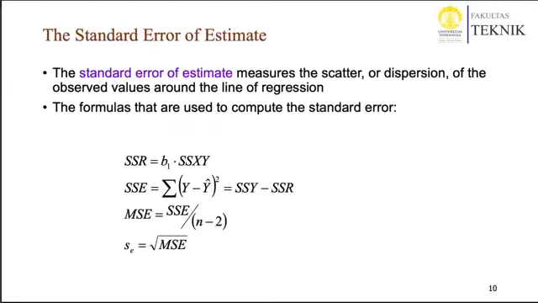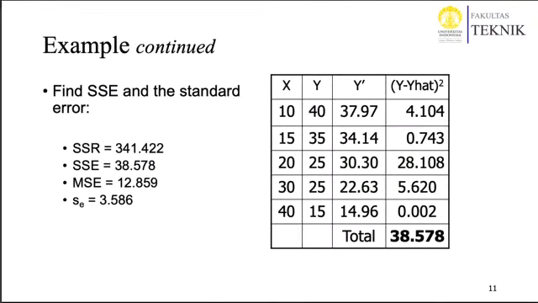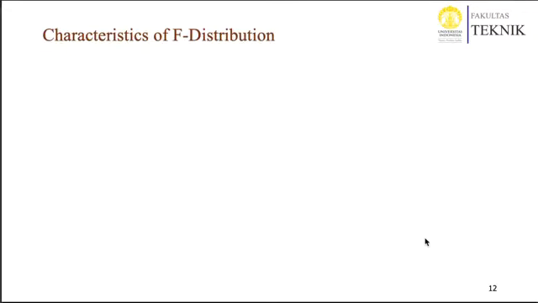This standard error of estimate measures the scatter or dispersion of the observed values around the line of regression, and we have this formula to estimate the standard error. So here we have the standard error value, and then we need to test whether our values are correct, or simply whether the values are valid or not.